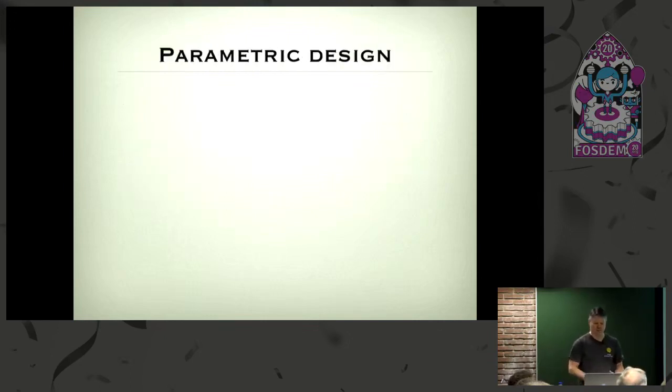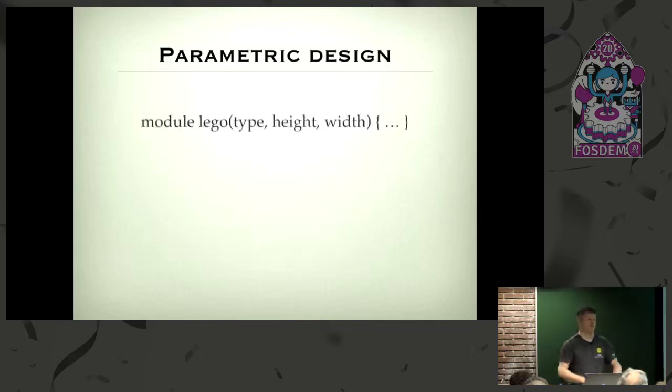People tend to use OpenSCAD to create what we call parametric designs. In this context, parametric designs are not mathematical parameterization, it's more free-form logical parameterization. If you want to create, say, a Lego brick, you would typically create a module in OpenSCAD with a name and a bunch of parameters.